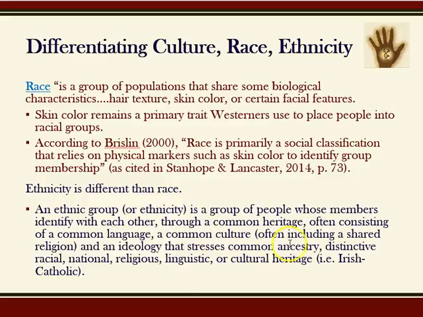So the key difference here is that common ancestry. And of course, distinctions between nationality, religion, linguistics, and then cultural heritage. An example of an ethnic group would be Irish Catholic. You can see the distinction of the heritage as well as religion.